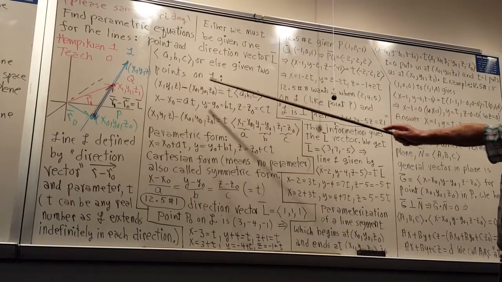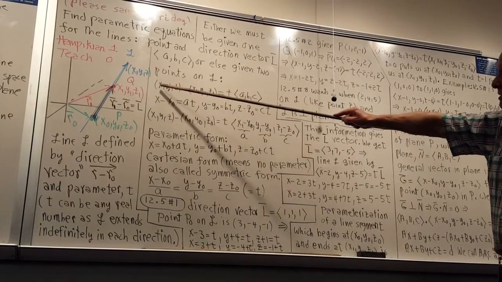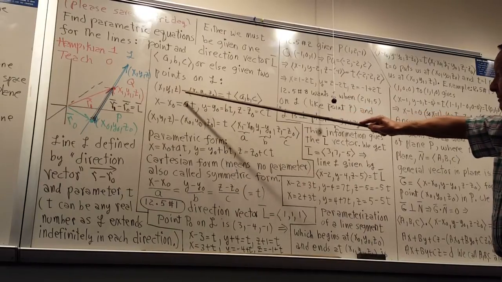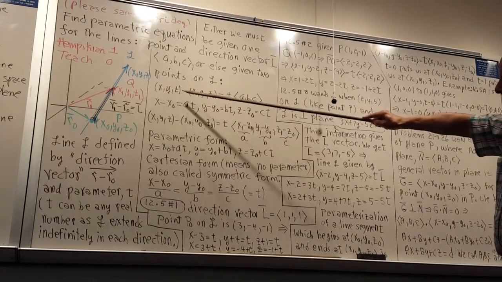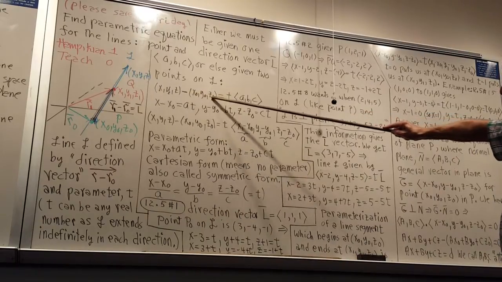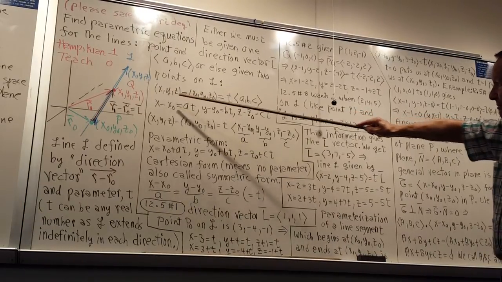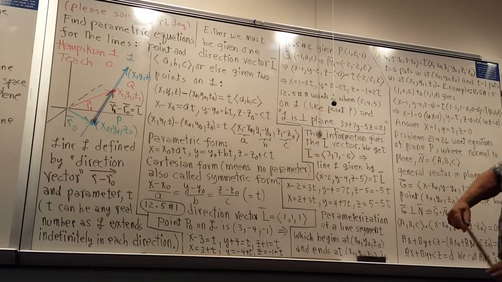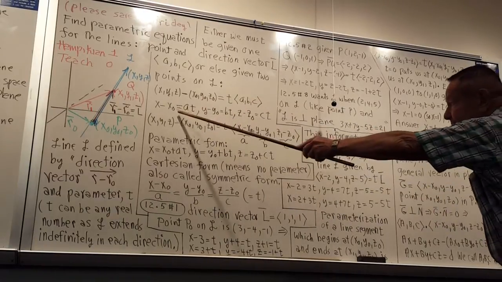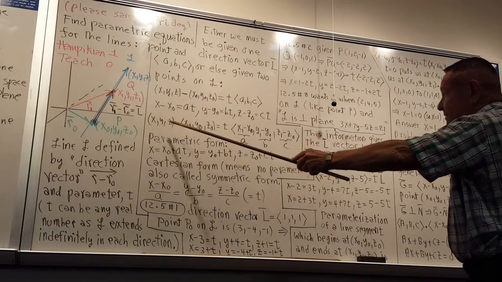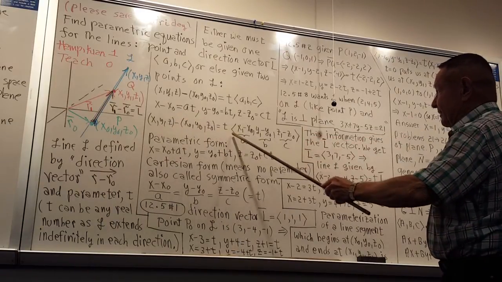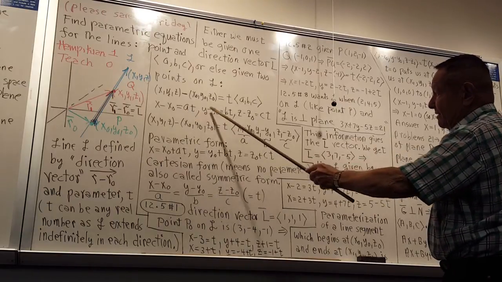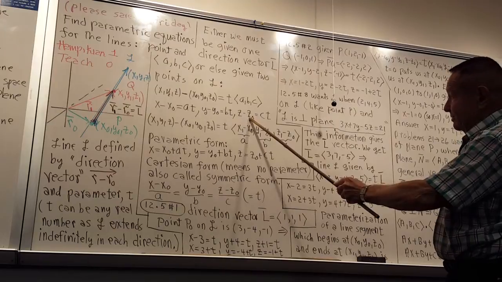So then you can match up components, because this minus this gives you the vector x minus x0, y minus y0, z minus z0. So then x minus x0 is a t, and so on like that. You call this the parametric form of the equation of the line.